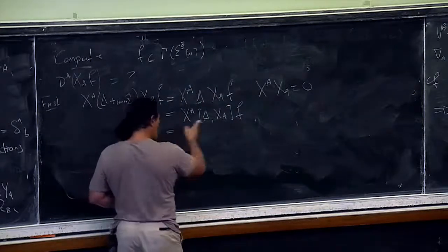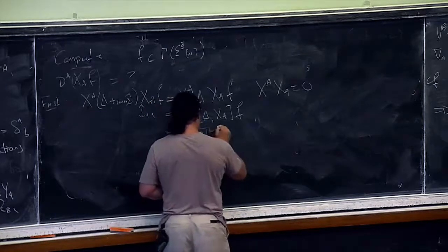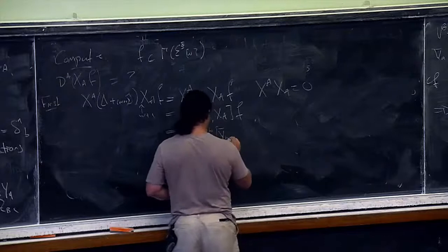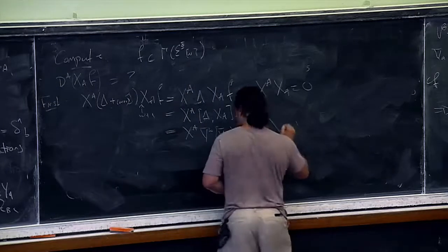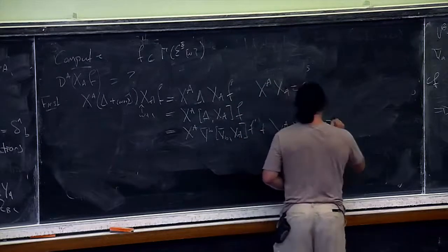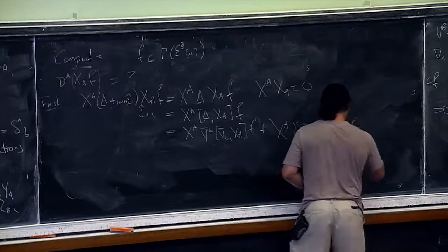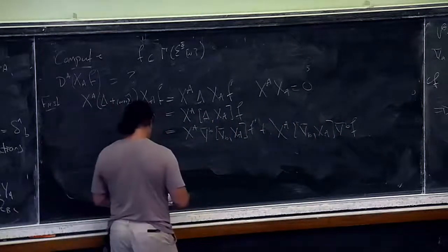So now we can split this up into grad B. This is just the usual Laplacian. So X_A grad_B grad^B F plus X_A grad_B grad^B F, just breaking up this commutator bracket in the usual way.